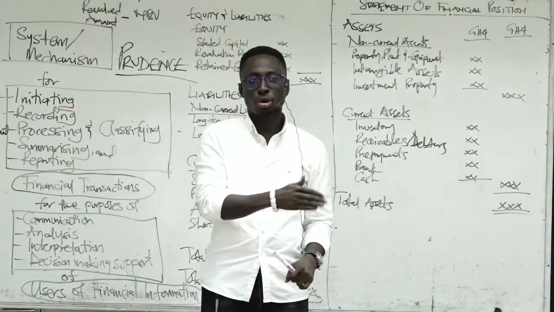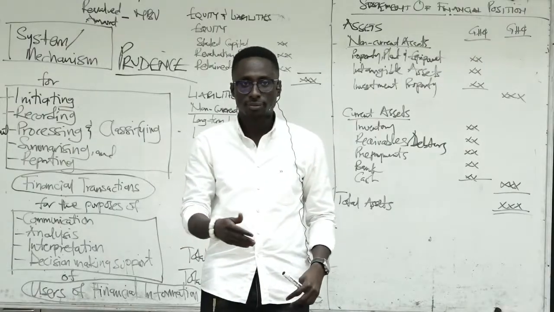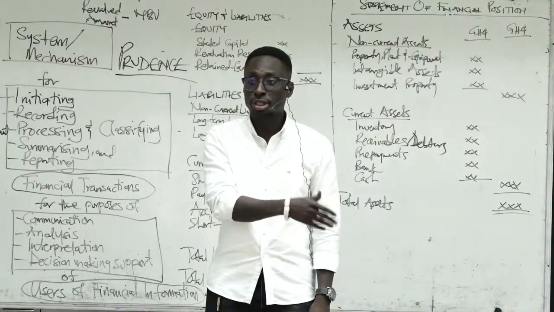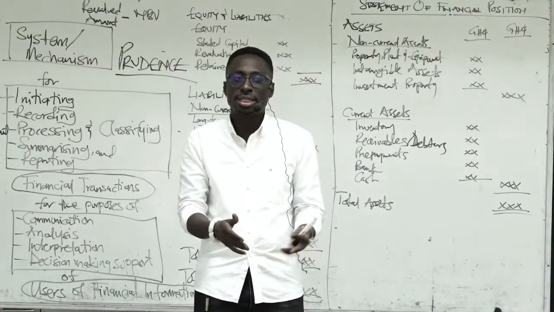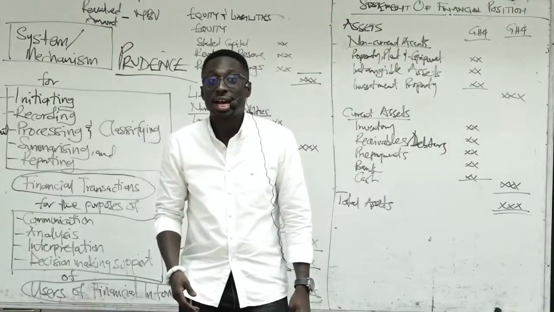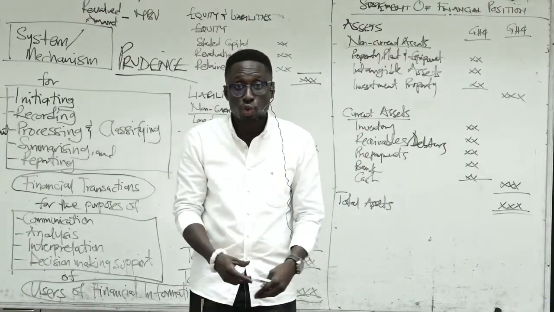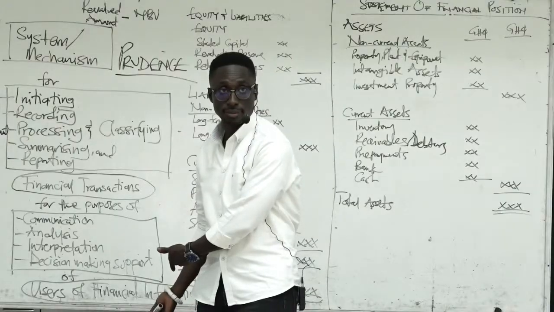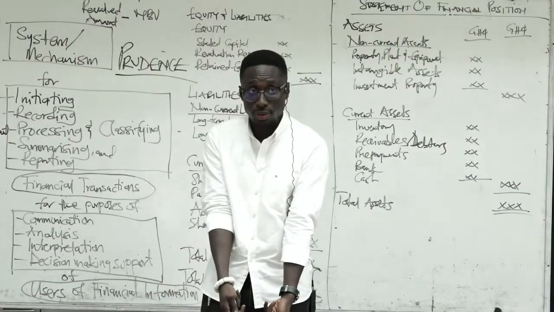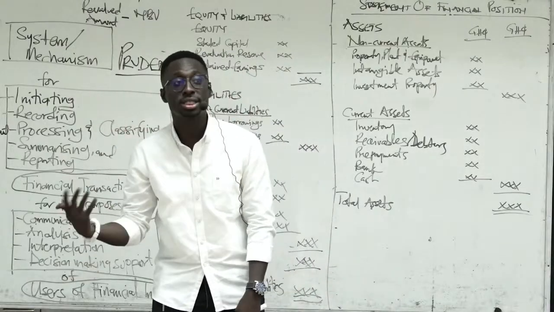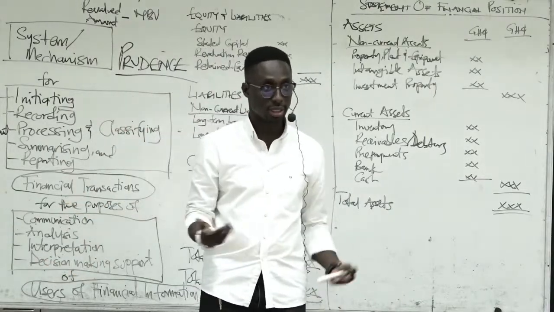But when you watch your pattern of consumption, the increase from January to February is pretty much the same as the increase from February to March. So you just add another 5,000. So you can accrue 30,000 cedis as your water bill for March, while you are waiting to actually receive the bill from Ghana Water Company Limited.